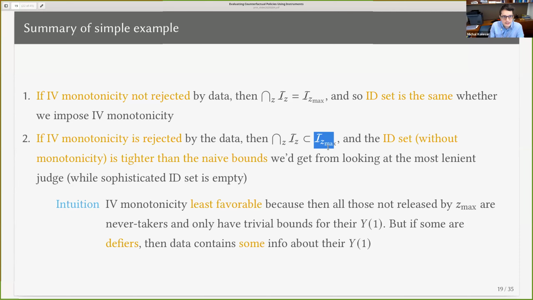On the other hand, if monotonicity is rejected, some of those guys are defiers with respect to the most lenient judge, and there's going to be some information in the data about what would happen to them if they're released, because some of the other judges may be releasing them. And so in this sense, the monotonicity assumption is the least favorable in the sense that it implies the least amount of information in the data about what are the potential values of y1.